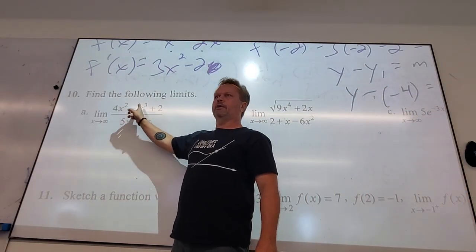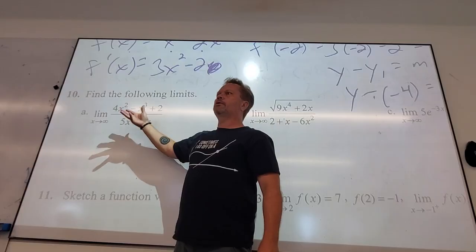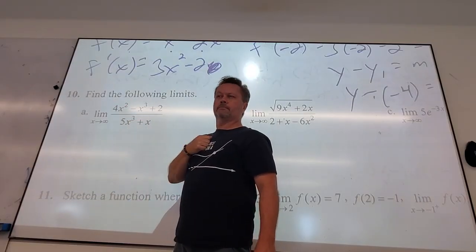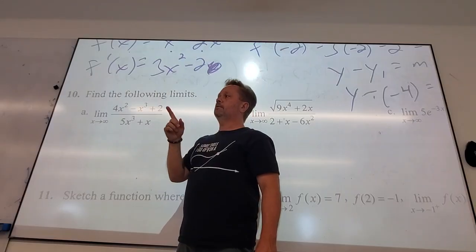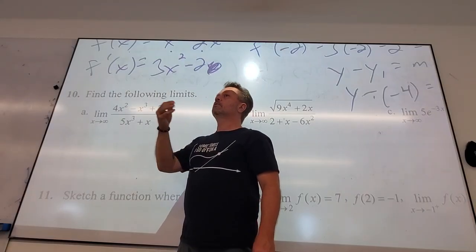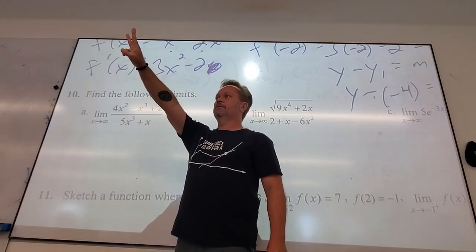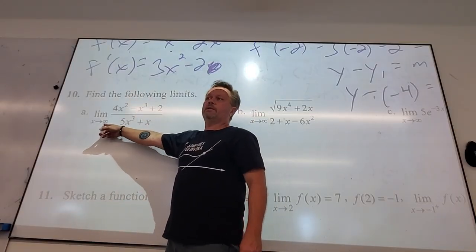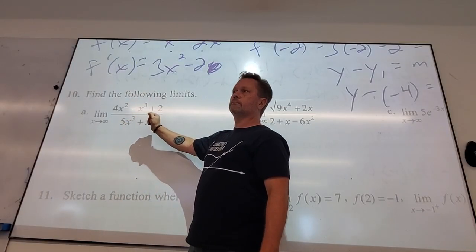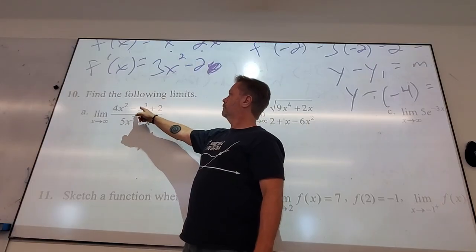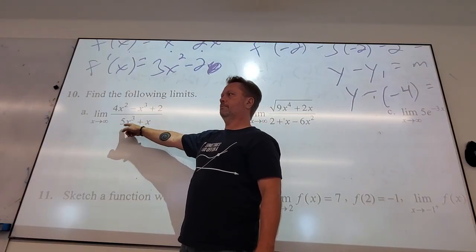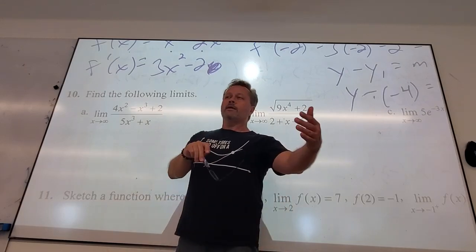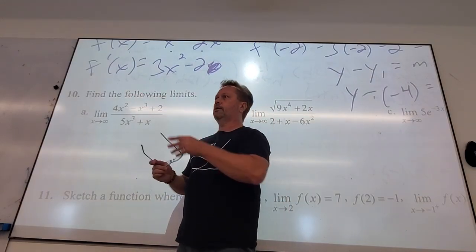What do I look at when I have a rational function? The degrees. What's the degree of the top? 3, third degree, yes? What's the degree of the bottom? So since I'm going to infinity, what's the limit? Negative 1/5. The ratio of the leading coefficients. I showed you why that's true, but now you can use the shortcut, yes?